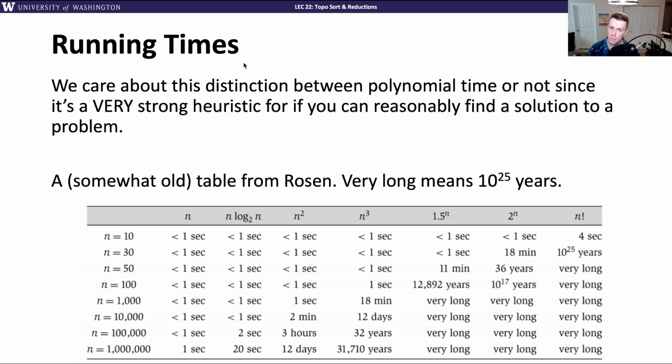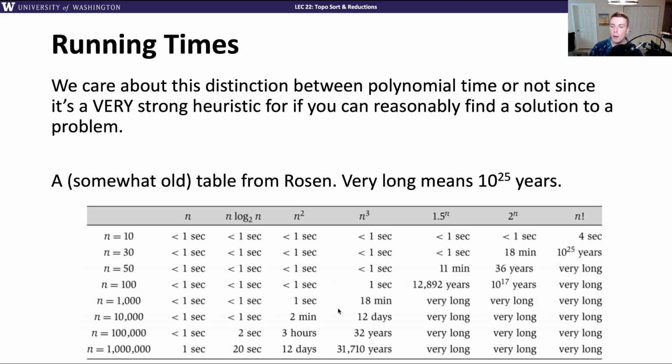Now, when it gets kind of larger, n is always really fast. N cubed starts getting really, really slow, all the way down to 31,000 years for an input size of about 1 million, which is not that big of an input, but one thing to mention is that these numbers are a little bit outdated. They're probably from computers that are a little bit slower, but the trend is still the same.